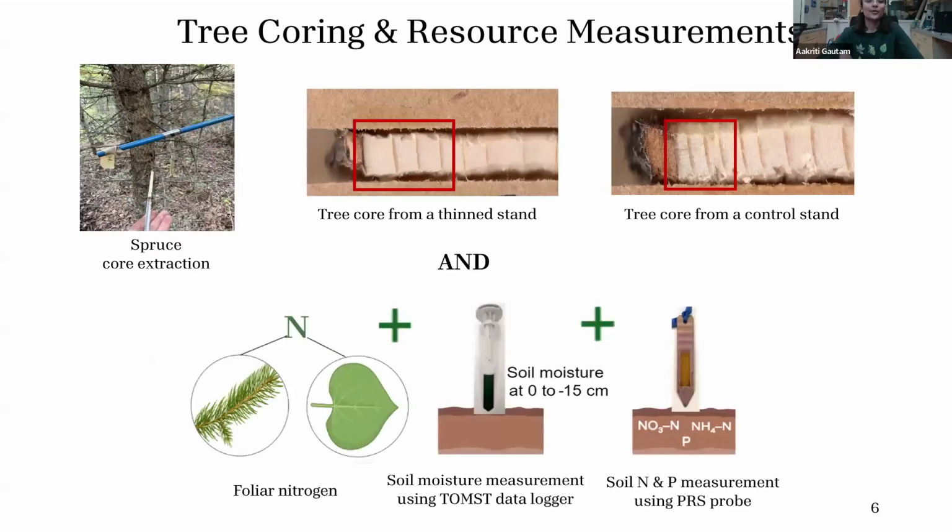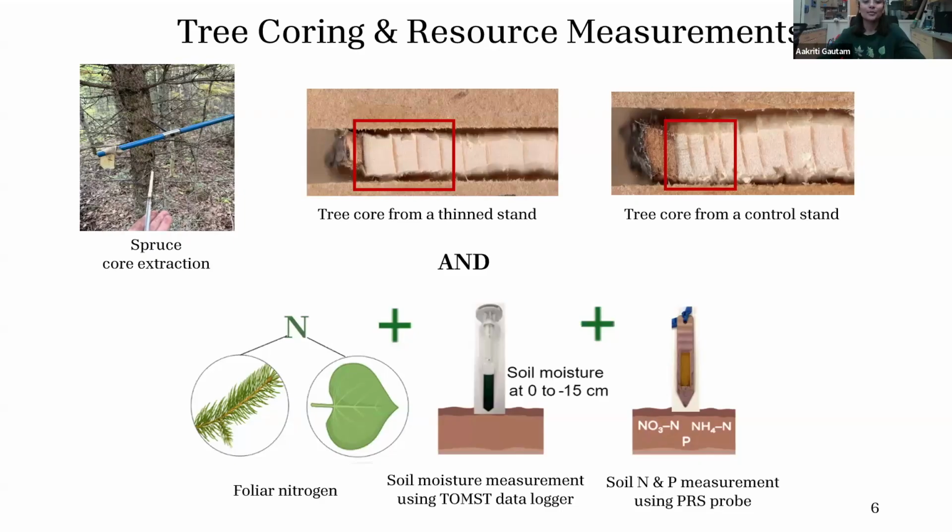And here is the overview of what we did in the field. To assess growth, we collected cores, and from these cores, we measured ring widths. The 2 scanned images here show those ring width patterns. And if you look closely, we can see a wider ring width from a core collected from a thinned stand compared to that from a control.